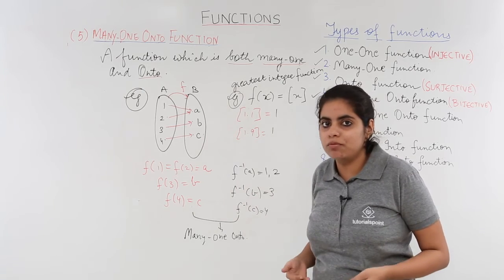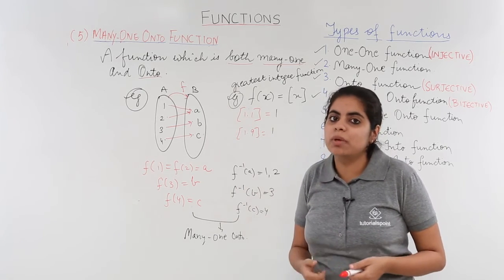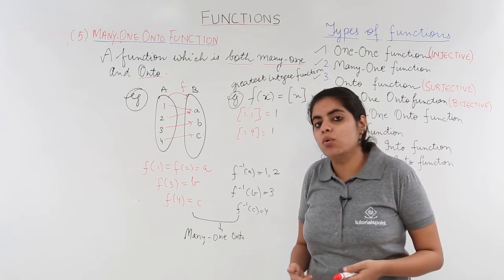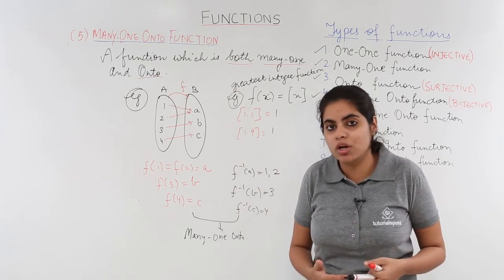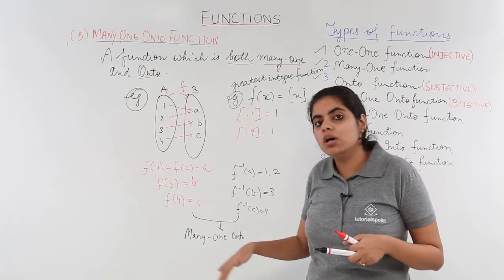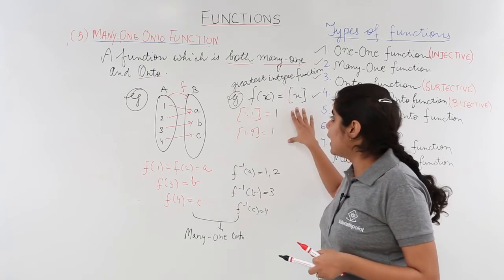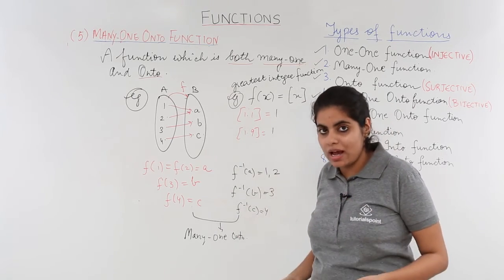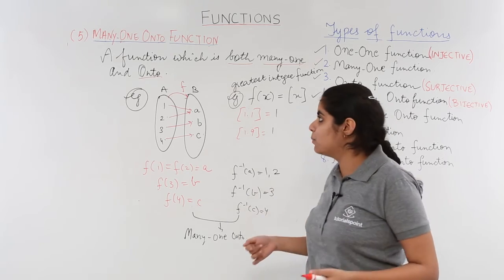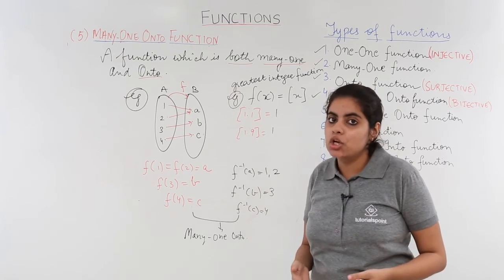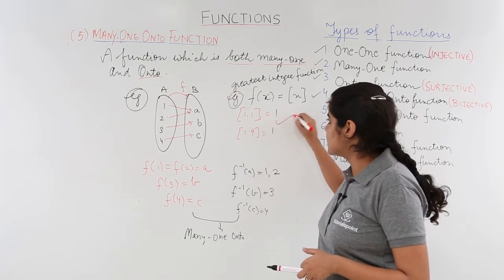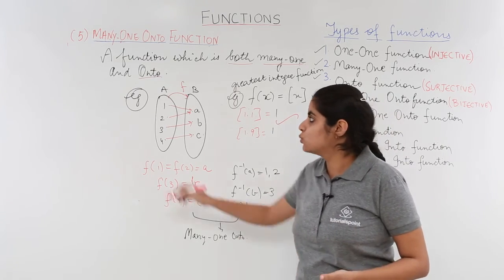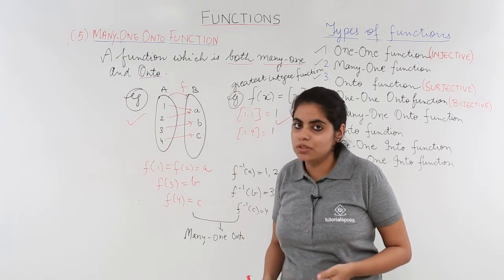So it is not one one, rather it is many one. And now, it being many one, let's see whether it is onto or not. Since all the elements, whatever I take, will have one or the other pre-image, this is not into, rather it is onto. So this is an example of many one onto along with the example that we did.